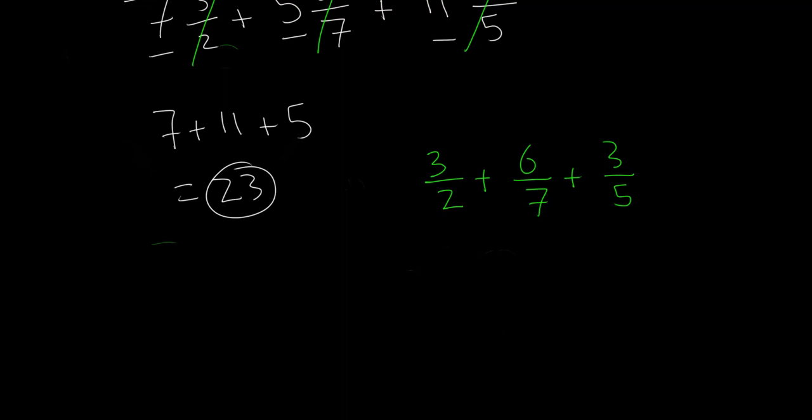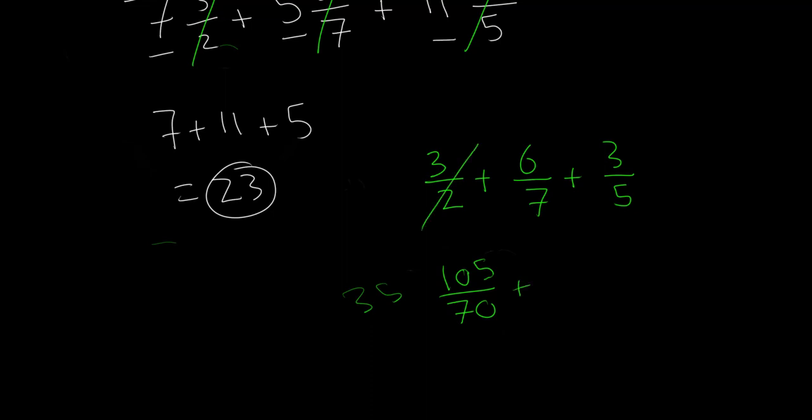3 over 2, the denominator is going to become 70. And what did we do to the 2 to get 70? We multiplied it by half of 70, which is 35, right? So we have to multiply 35 by the top as well, the numerator. 35 times 3 is, let's see if we can do this, it is 105. Okay? That takes care of the first fraction.